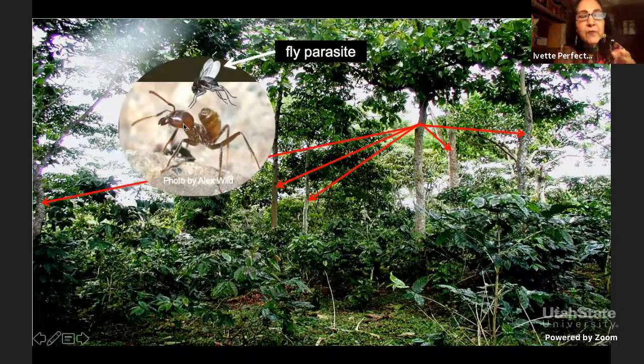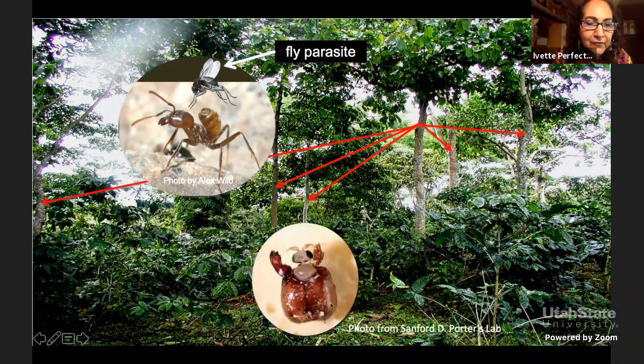And when it's ready for the fly to come out, the head of the ant falls off, and the fly comes out, as you can see from this wonderful picture from Sanford Porter, who works a lot with these phorid parasitoids. Here you can see the head of the ant and the fly coming out.